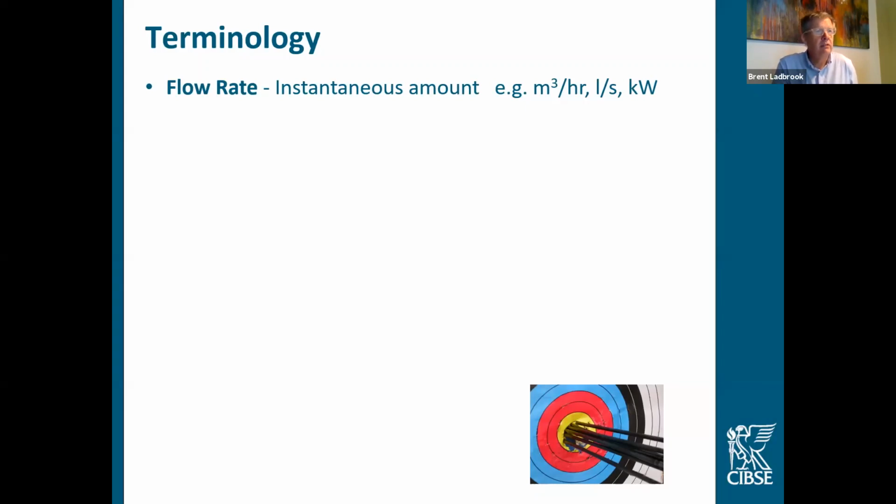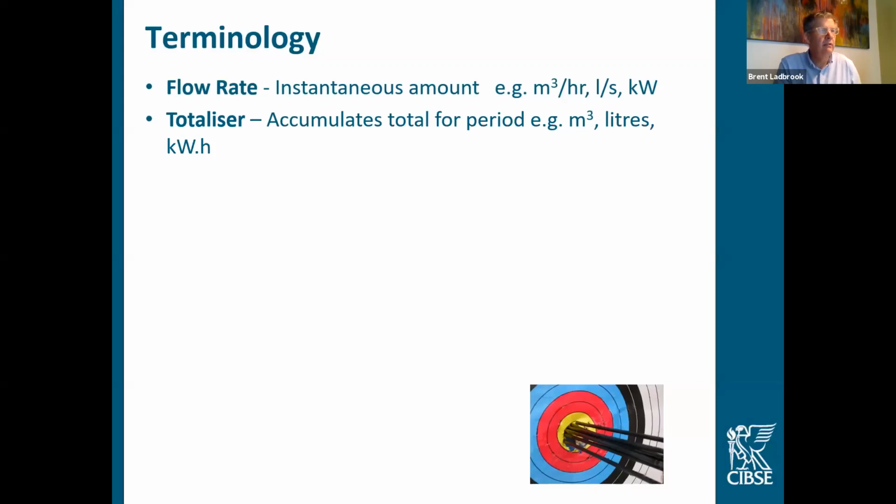Liters per second is often the units used here in Australia. It could be what is our current kilowatts being used. So it's an instantaneous amount. It's the speedo on our car, whereas the totalizer is, what's the total that's been through for a given period. It's how many kilometres we've got on our odometer, so we can totalize those up. And that's what we typically would bill or allocate at the end of a given period.